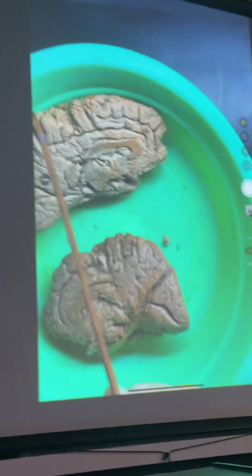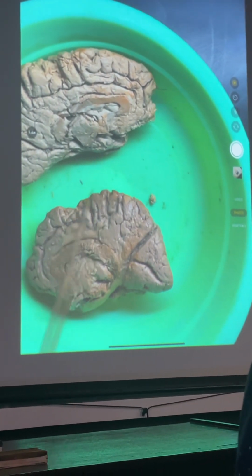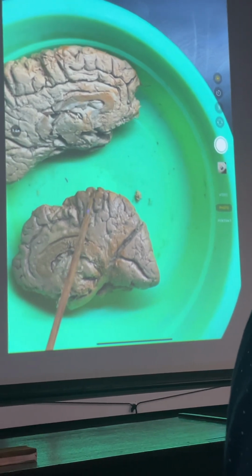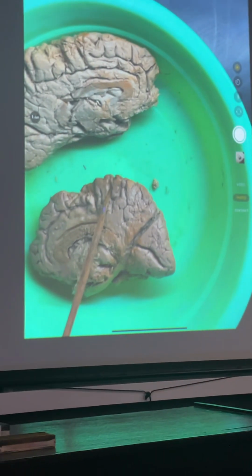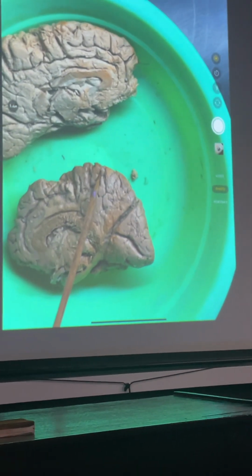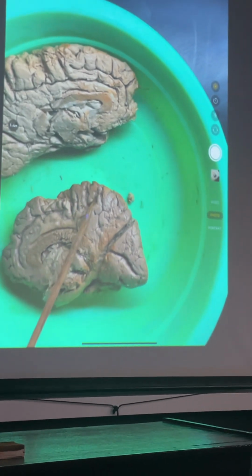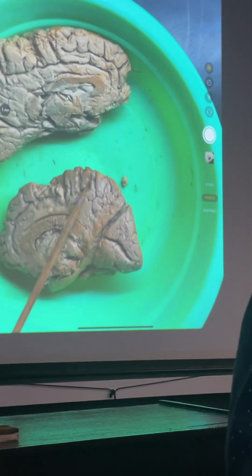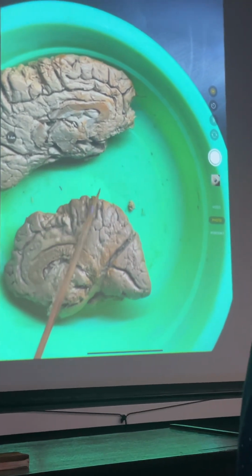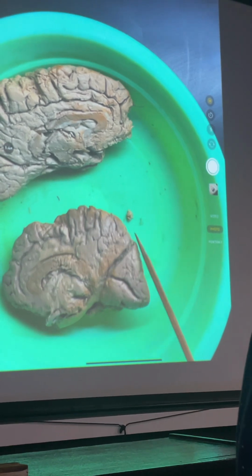This one here is the marginal sulcus. Did you get it? Yes. Then after the marginal sulcus, you'll see here a four-sided structure.